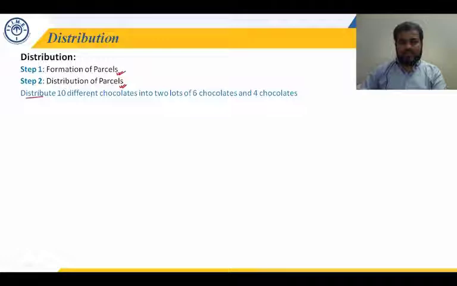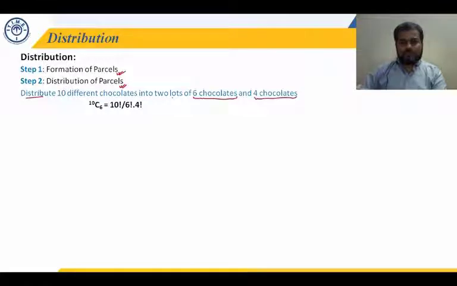So it is basically formation of 2 parcels. This question is only about formation of parcels. You just have to segregate these 10 different chocolates into 2 groups or 2 lots.